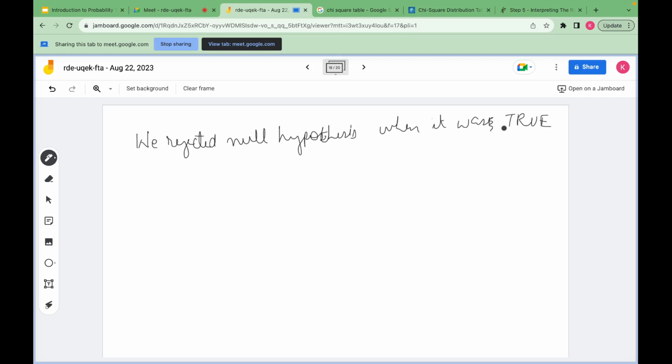It was true, but we accidentally rejected this null hypothesis, and we concluded that this mean is not equal to some value given from the sample. That is known as type 1 error, and it is also called the level of significance of the test.